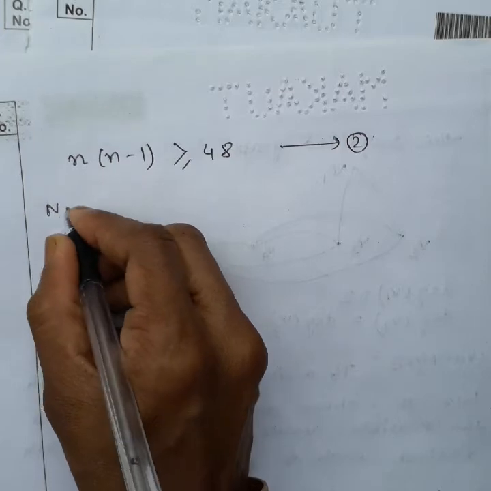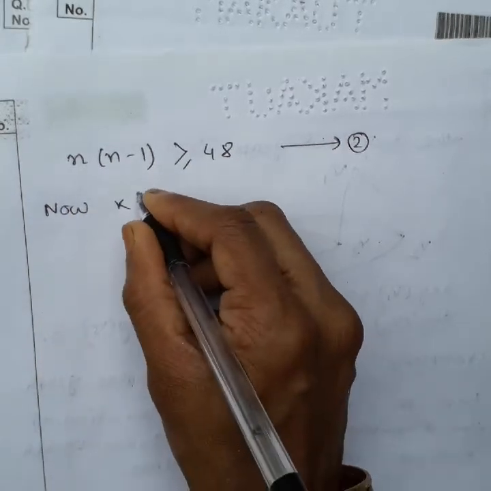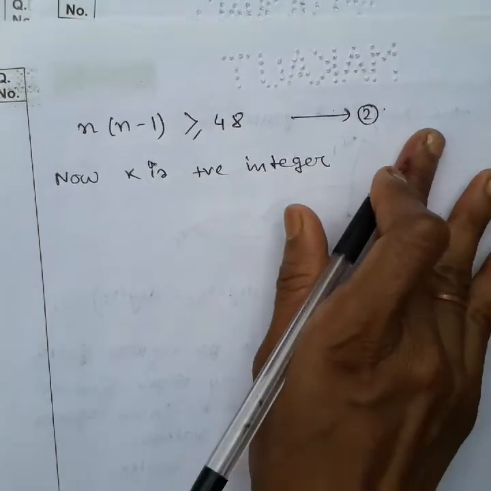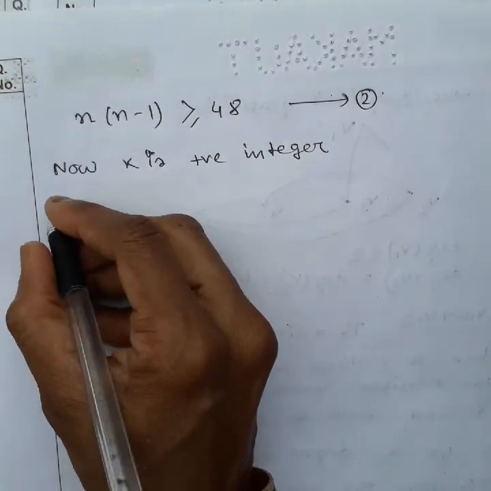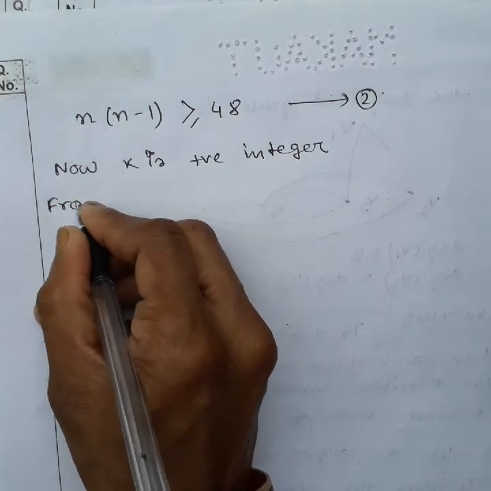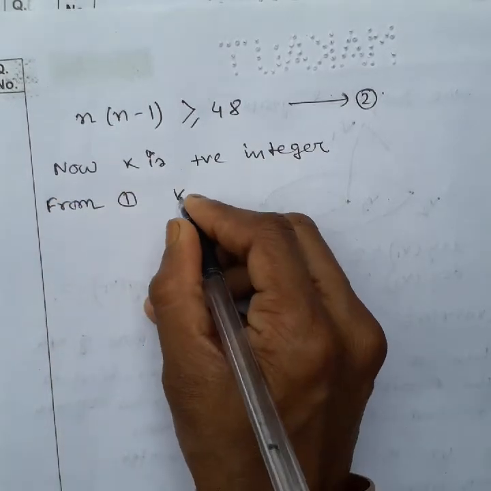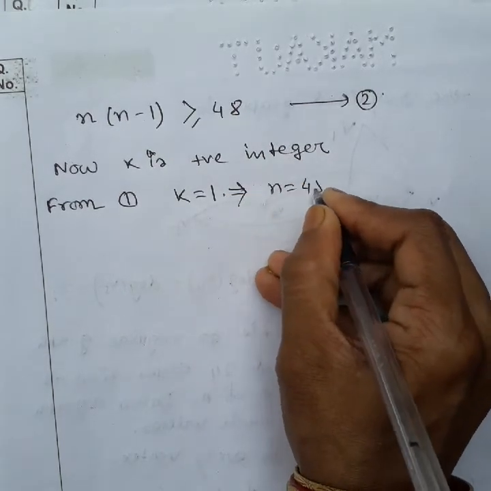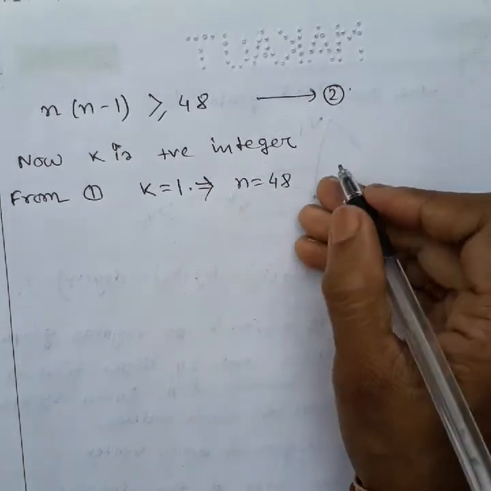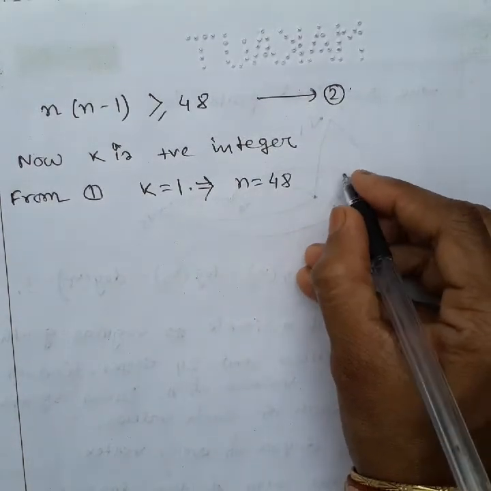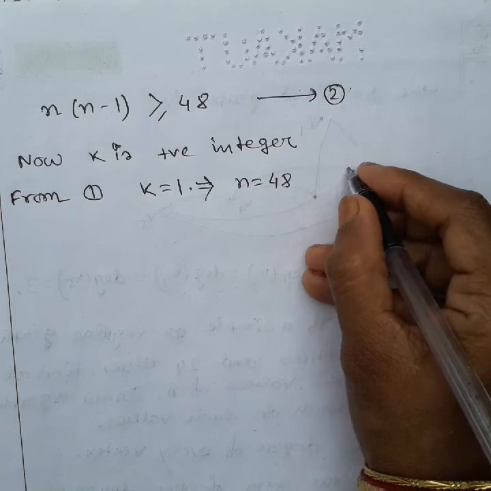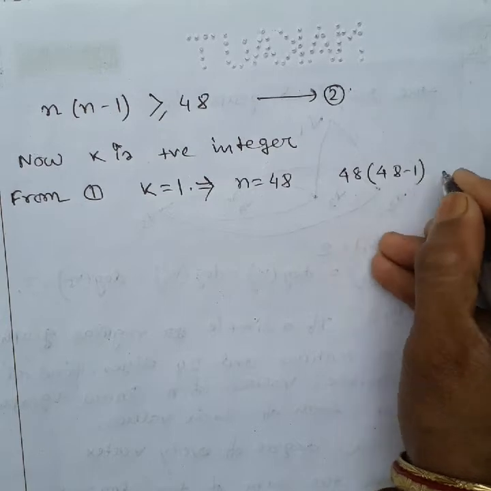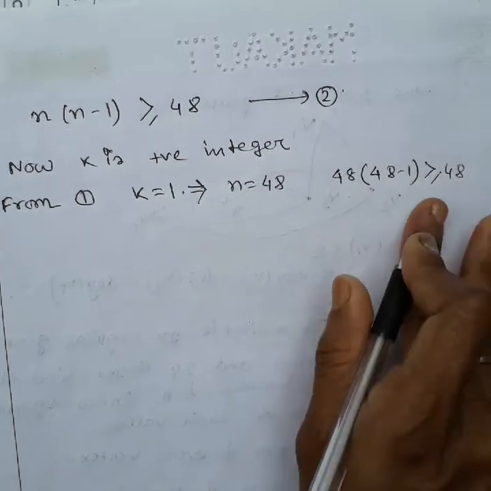Now k is a positive integer. So from 1, when k is equal to 1, n is equal to 48, which satisfies 2, because 48 into 48 minus 1 is greater than or equal to 48.